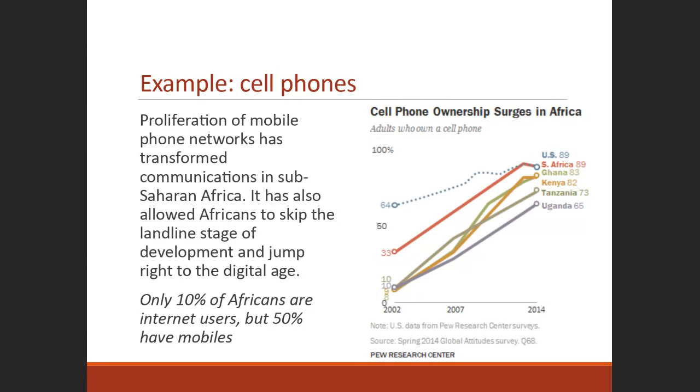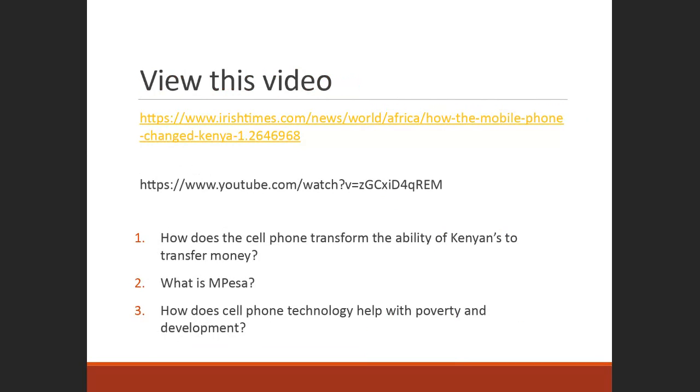And one of the really interesting things around cell phones is that these have largely been locally created phone companies and phone apps that have been very country specific, so small scale businesses. And I'm going to ask you guys to look at the ability of cell phones to transform the ability of Africans to really transfer money. And one of the really interesting companies that created one of the first finance apps was called M-Pesa, which is based in Kenya.